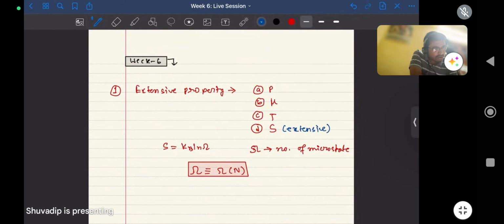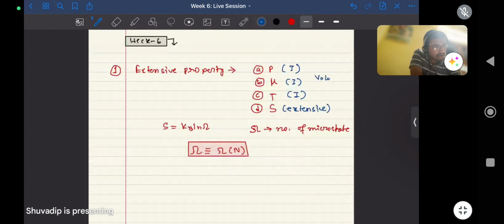But this is intensive, this is also intensive, and this is also intensive, because these are not volume dependent. If you cut the box in half, these are not going to change. Pressure and temperature are not going to change, but the entropy will change, because it is a function of N, the total number of particles.